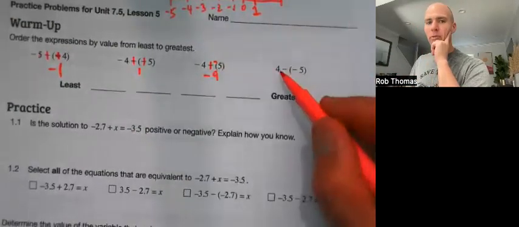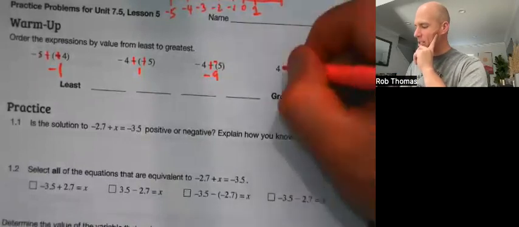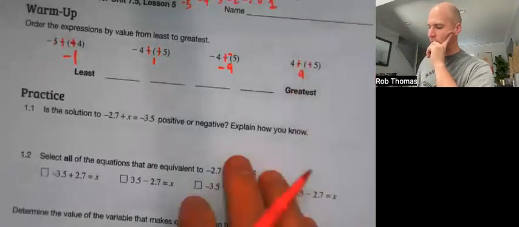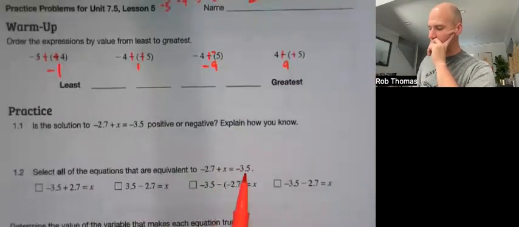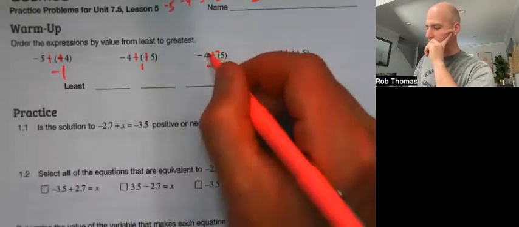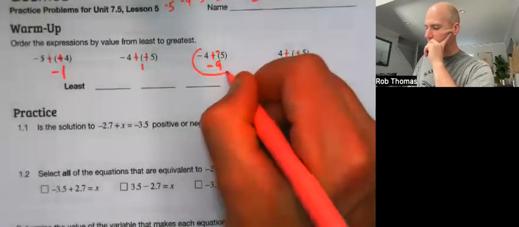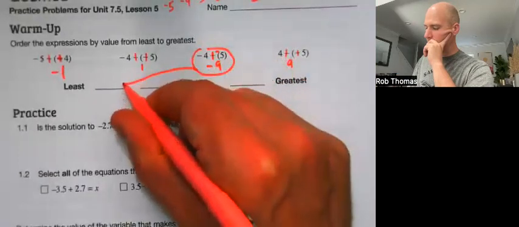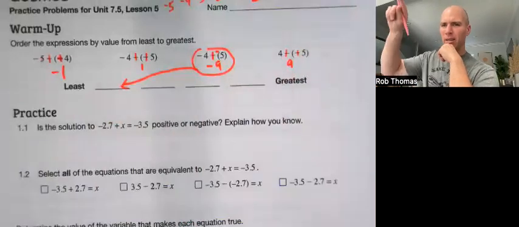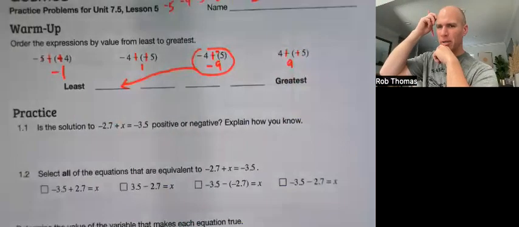All right, and the last one, 4 minus -5. Let's just change that minus negative to plus positive, and I believe we get +9 on this one. And so it looks like the least one, that's the most negative, so that's going to be this one here. This one should go in your least slot. If you're doing this online rather than in the book, I think you're just clicking, or maybe you're dragging or something.